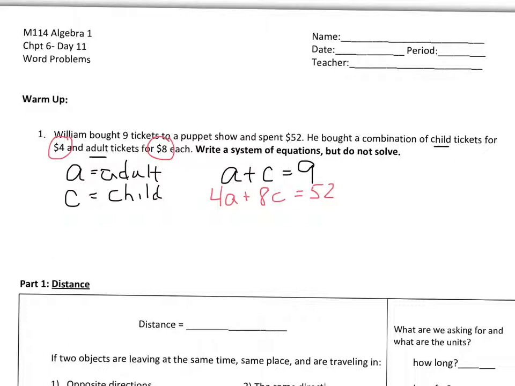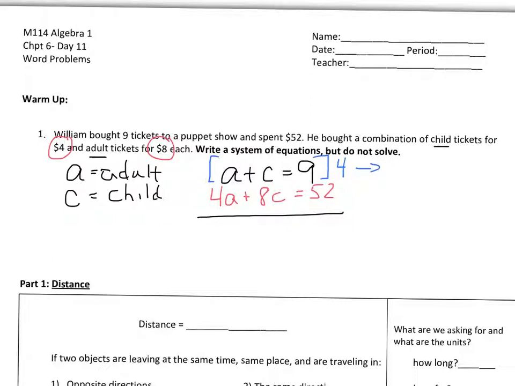So since our system is set up like this, Jose, what method are we going to use? Yeah, you got it. We're going to use elimination. So let's try to eliminate the A. I'm going to multiply the top equation by 4.